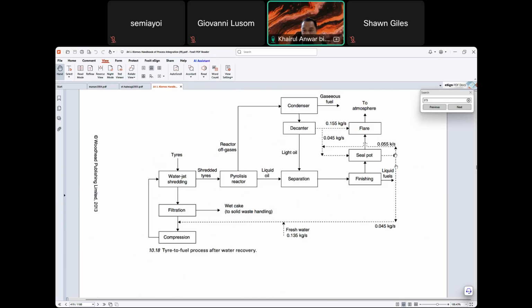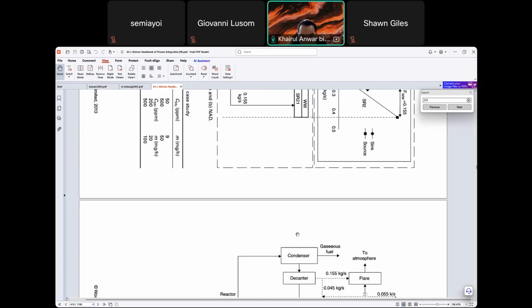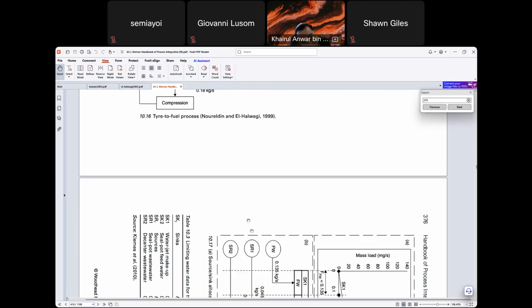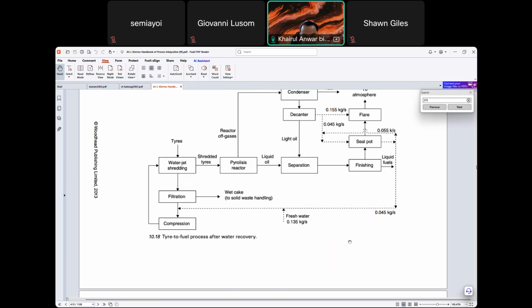Then part of this water goes back to the filtration. We reduce the fresh water to 0.135. Before this, fresh water needed is 0.28.